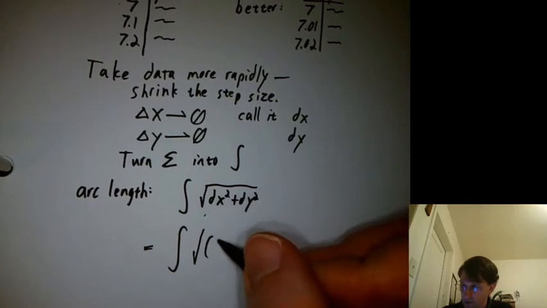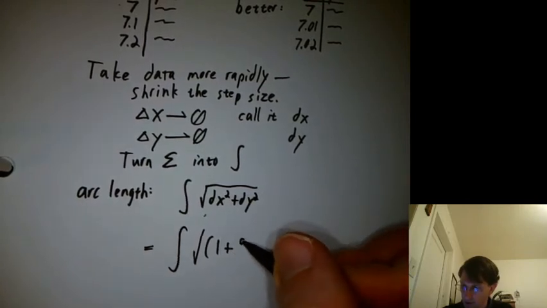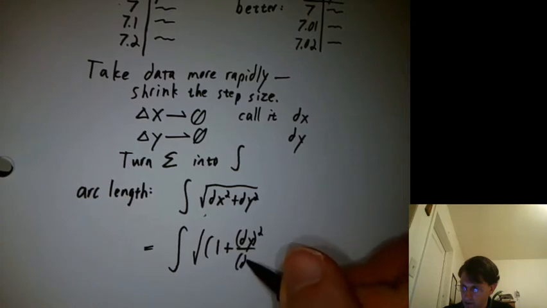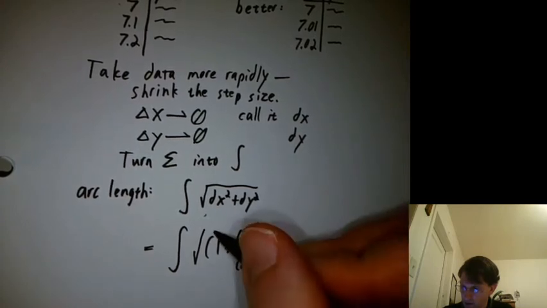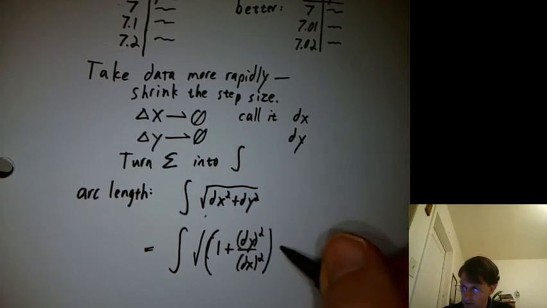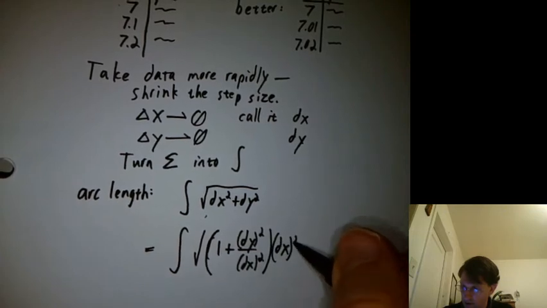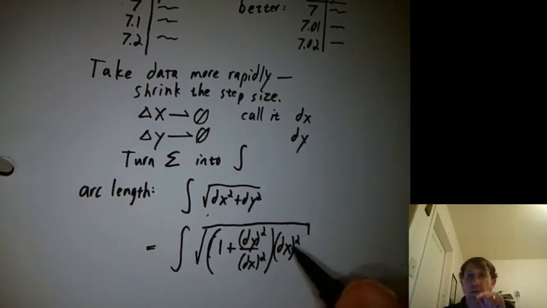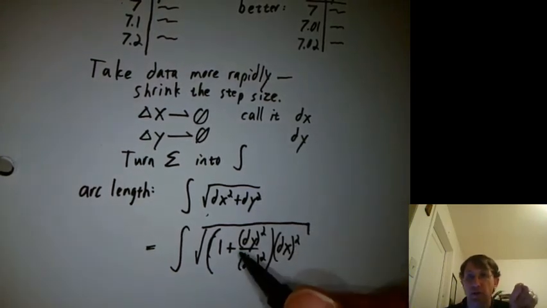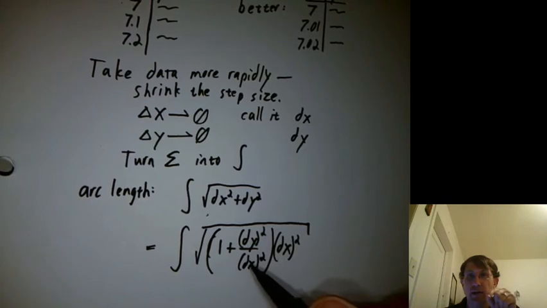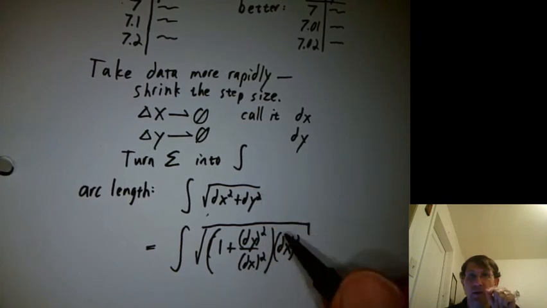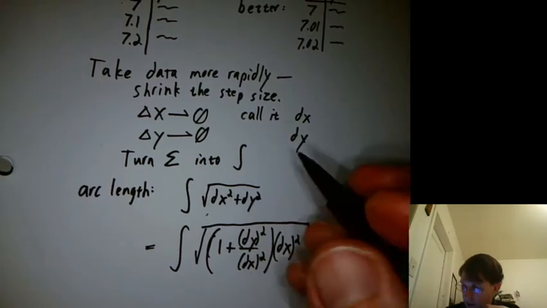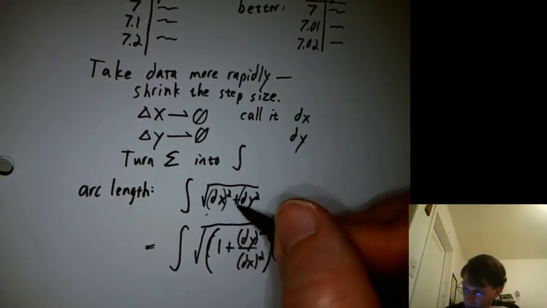So I'll have a 1 here, and then a dy squared over dx squared times dx squared. Do you agree that if I multiplied this dx squared back through, it would cancel the dx here and leave me with dy like that, and the dx squared here times that 1 would give me the dx squared there? I really mean put this in parentheses.